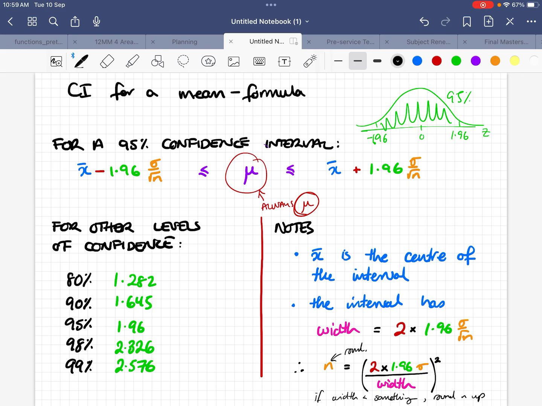Just one other final point, and you will see this on the formula sheet that you're given as part of the exam. Oftentimes we're collecting a sample to construct this confidence interval, but you'll notice that the confidence interval formula is using the population standard deviation. That's what sigma represents.